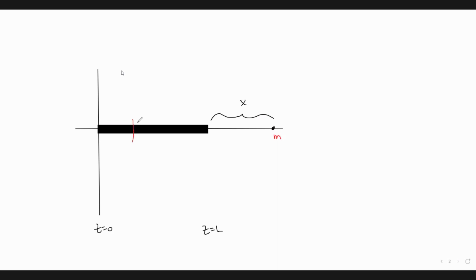Well, take a little slice, dm, which is lambda dx, and dF for that little slab with respect to the force on this mass here is going to be big G dm, the little m, over r squared, which is equal to G lambda dx times little m, only this is not dx, it's dz.